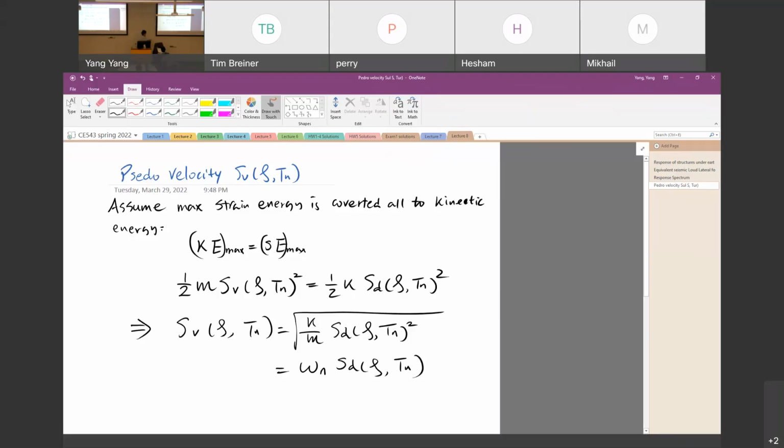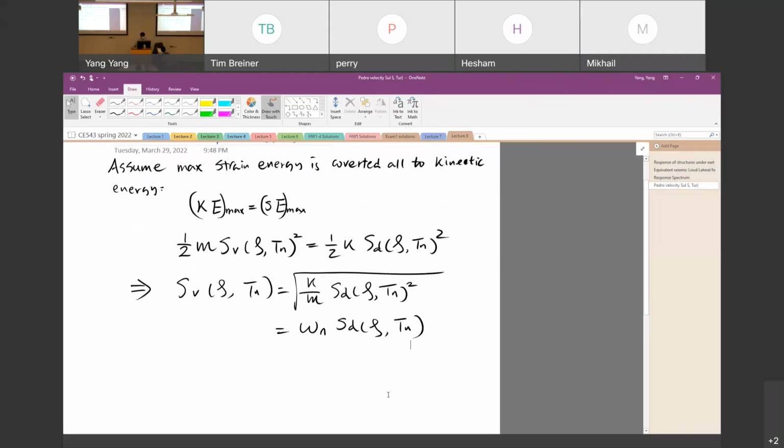so that the pseudo velocity response can be expressed as the natural frequency times the displacement response. So the pseudo is because of this assumption.